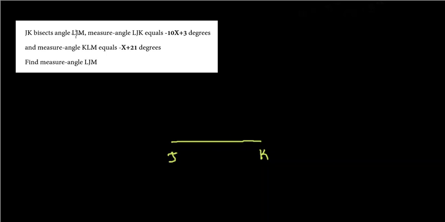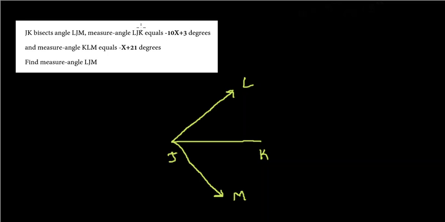And we have angle LJM being bisected by JK. And in that same example, we could still write this. L is here, and we can also write M here. It doesn't matter. Let me draw a better line. M.